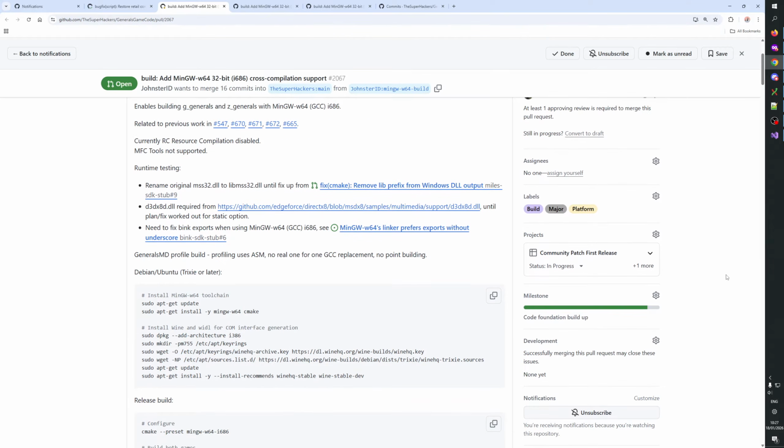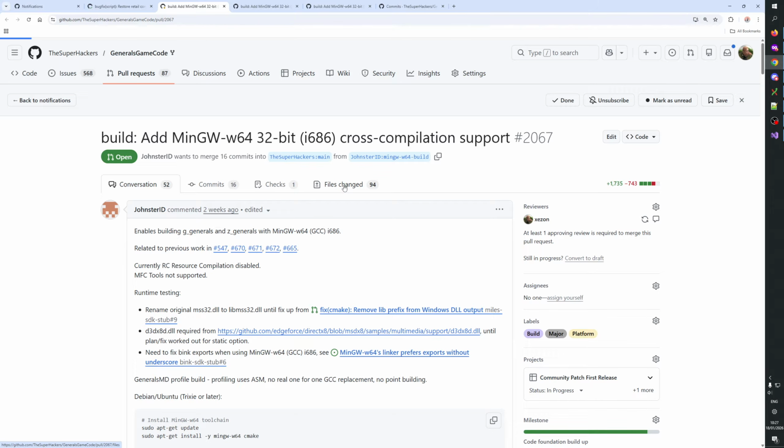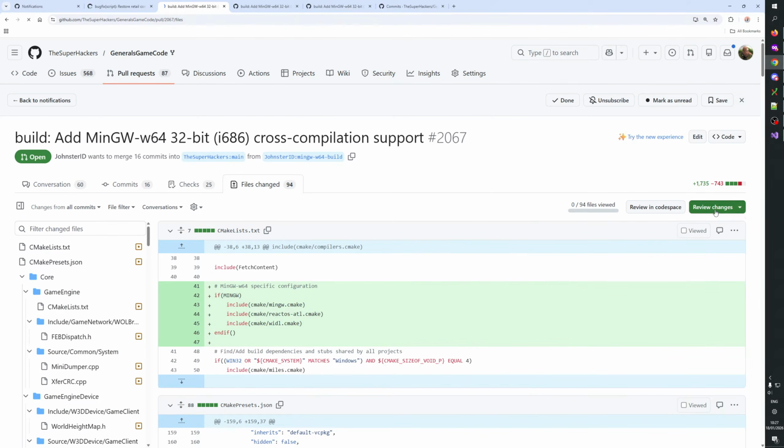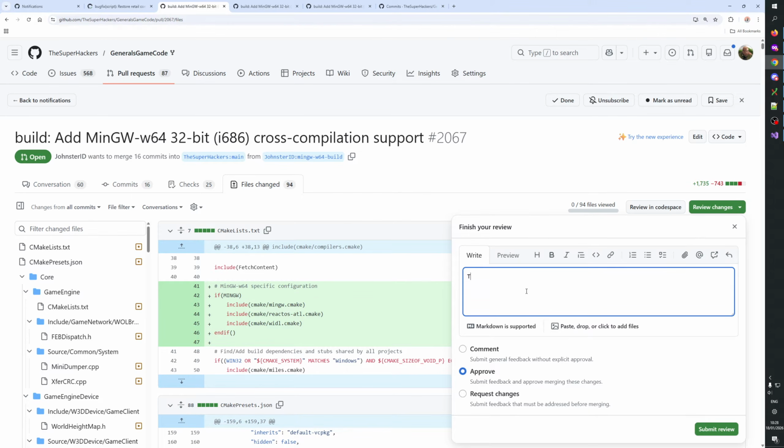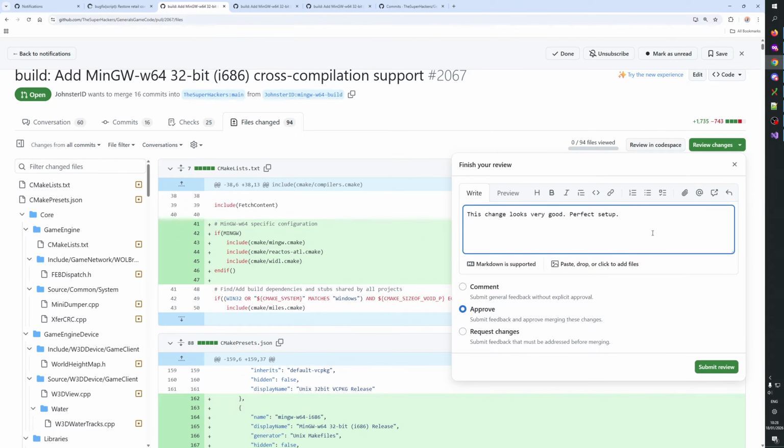Milestone. This change looks very good. Perfect. Perfect setup.